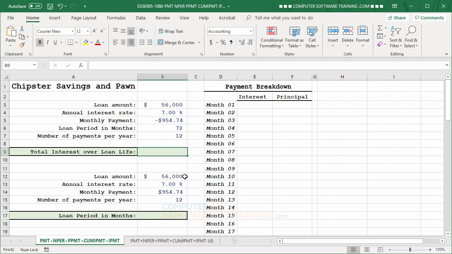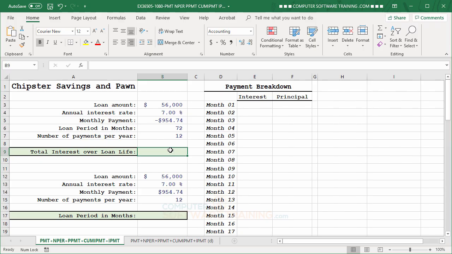Now, I know usually when you go out and buy a car, they'll give you what I think is a truth in lending, and they'll actually show you in there how much in interest you're going to be shelling out. So this calculation I'm about to show you is going to figure out how much interest would have been paid if you made this payment for the 72 months. In other words, if you paid off the loan, how much interest would you have paid?